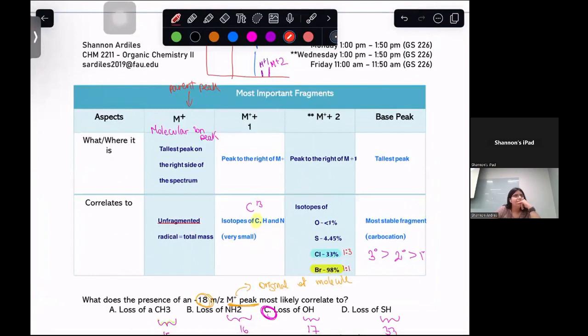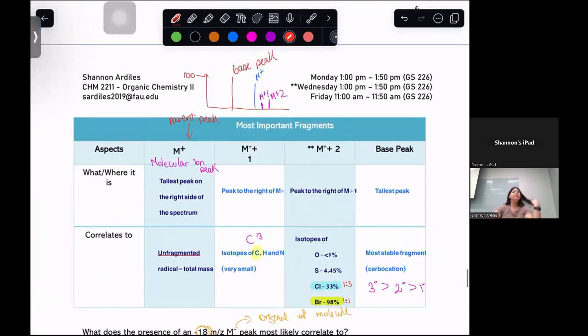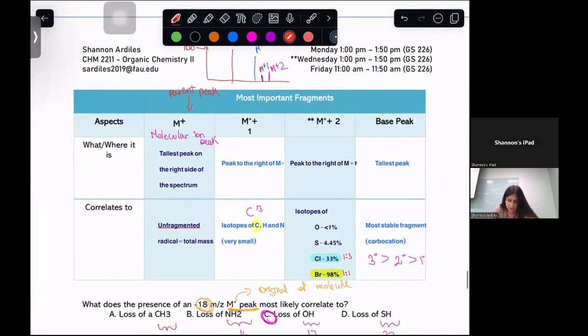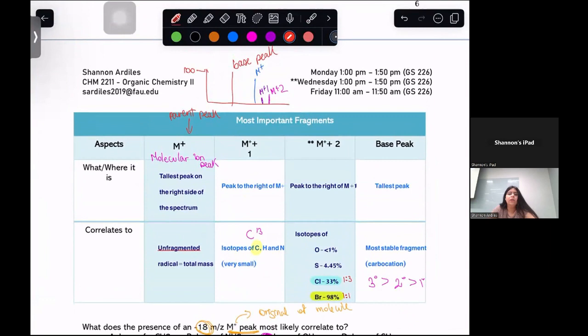Now, how do we use those ratios? Like, what do they mean? So for that, those ratios are always comparing your M plus peak with your M plus 2 peak. Okay.